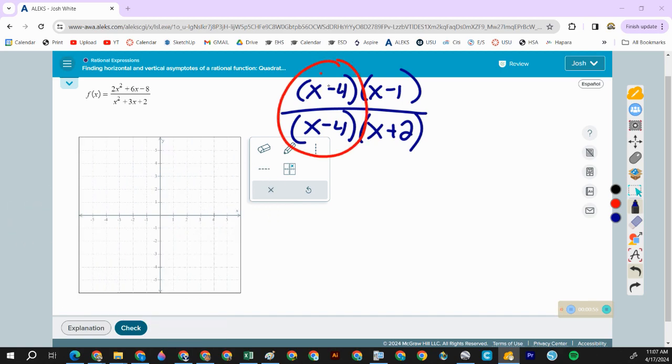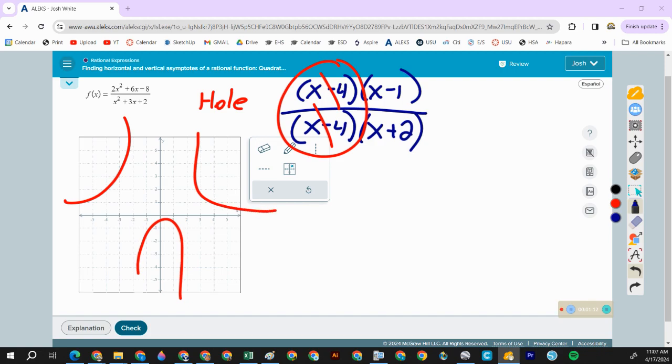Anytime you have a factor that cancels, that creates what we call a hole. So the graph could be flying along, and let's say it looks like this. If that's my graph, I would have a hole right there.